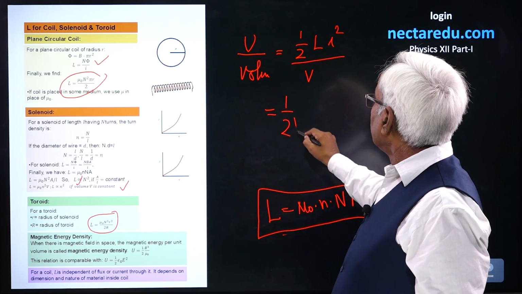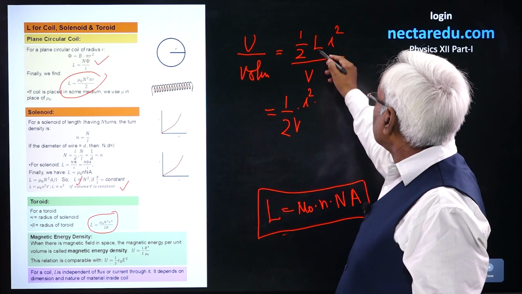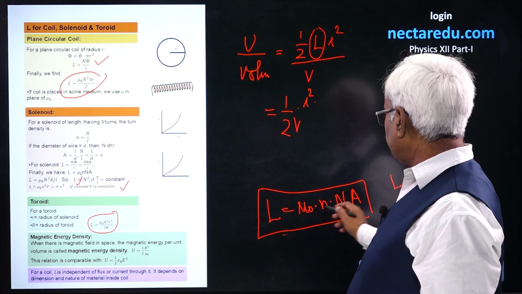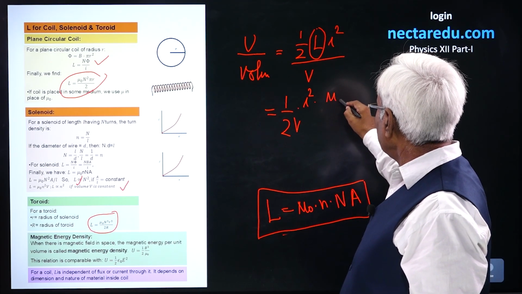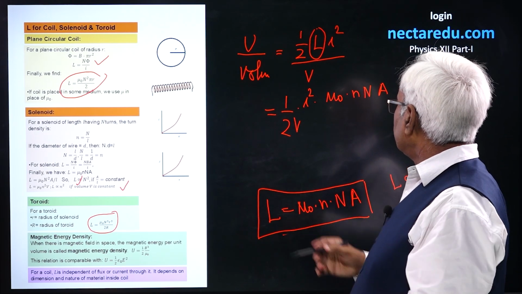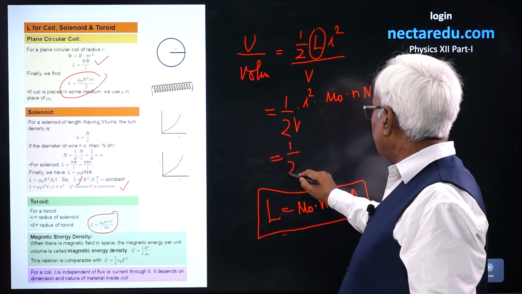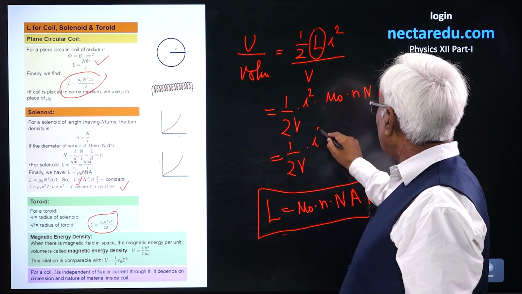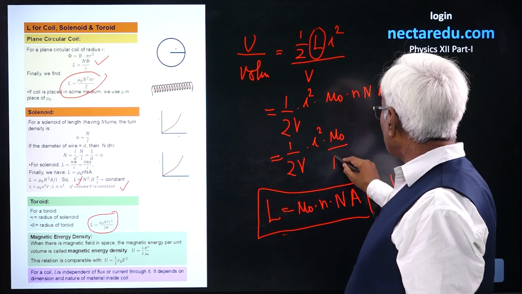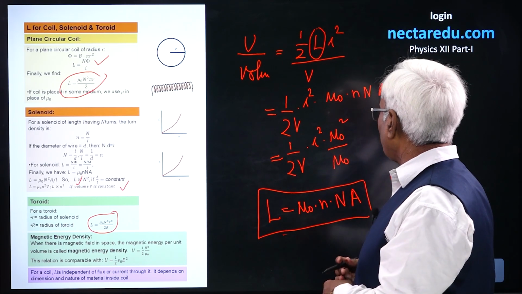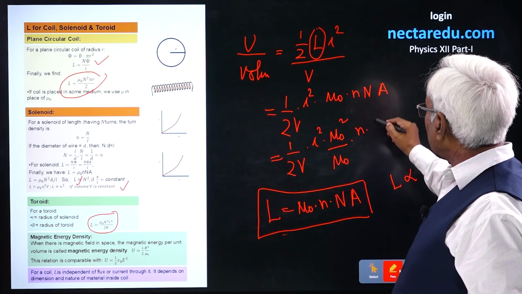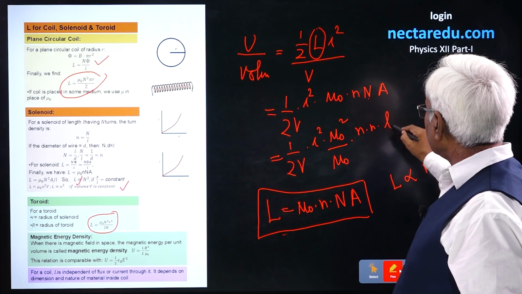This is self-inductance for solenoid, and that's given over here, mu naught N A. This could be rewritten as 1 upon 2, I square, this mu naught. Mu naught could be written as mu naught square upon mu naught, and here this could be written as N into L.